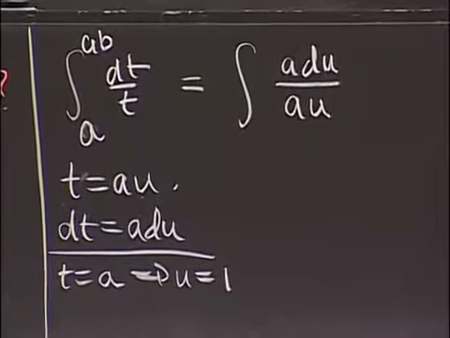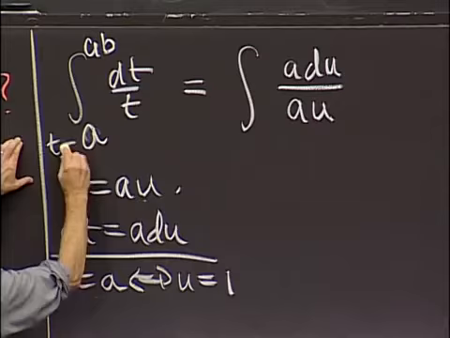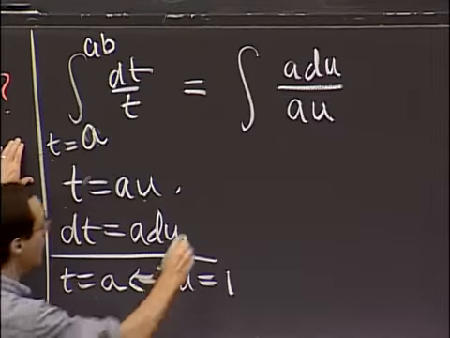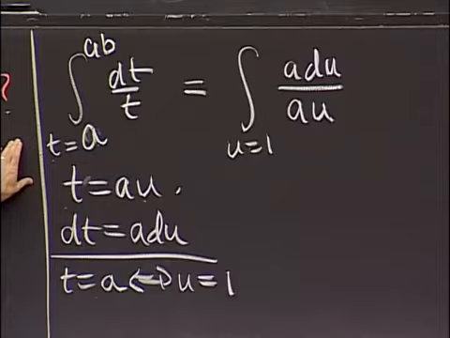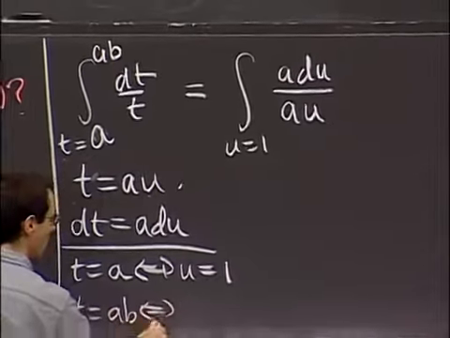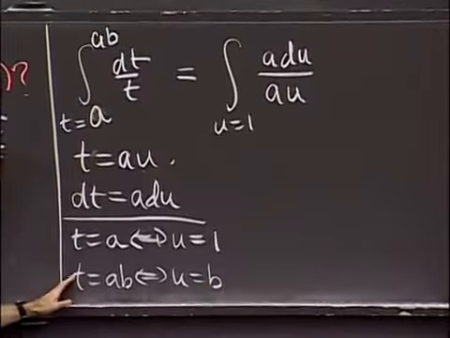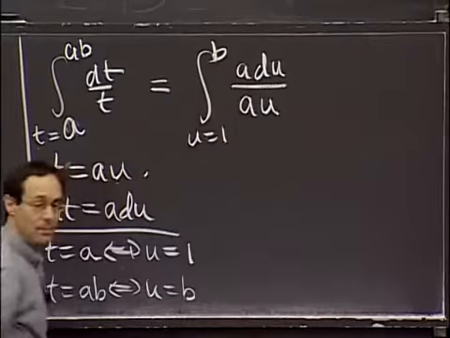So t equals a if and only if u equals 1. So this lower limit, which in disguise was where t is equal to a, becomes where u is equal to 1. And similarly, when t is equal to ab, u is equal to b. So the upper limit here is b.